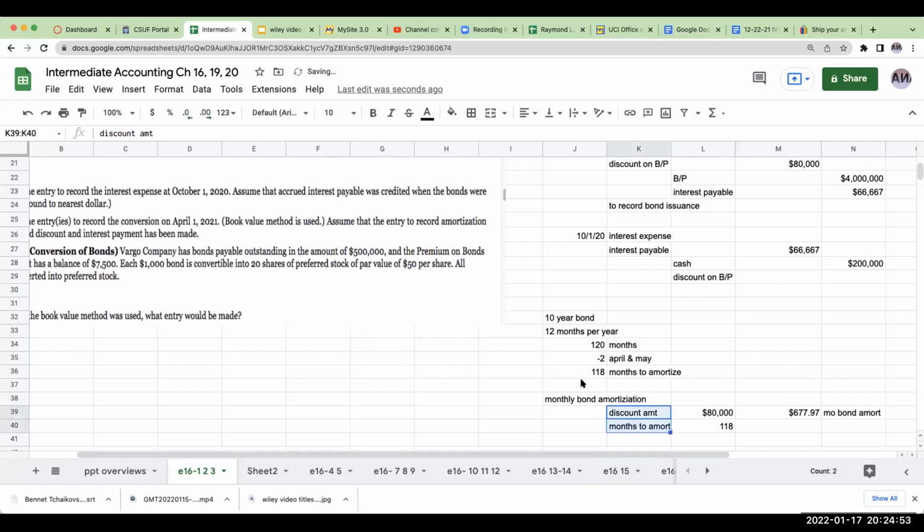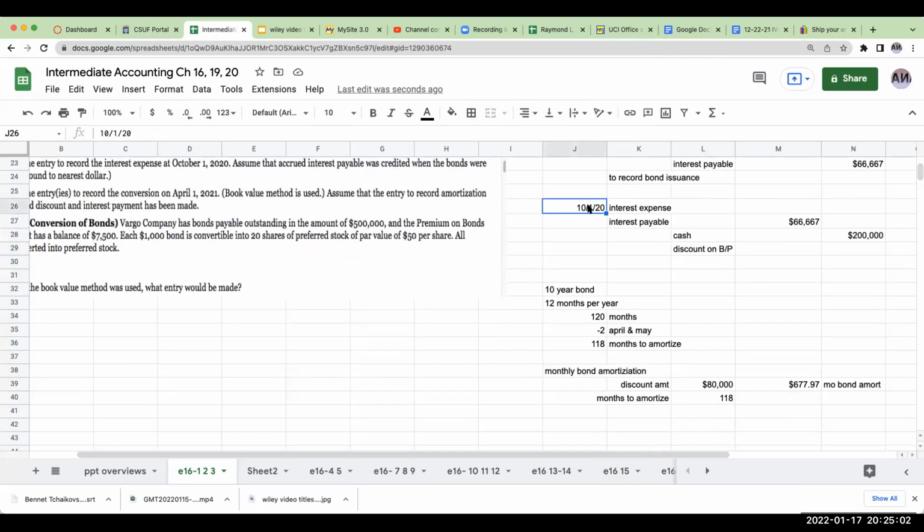Perfect. Okay. So right over here, how many months do I amortize the discount on October 1st, 2020? Well, because the bond was really only outstanding, remember, April and May, they were not outstanding. So we've got June, July, August, September, because we're paying this on October 1st.